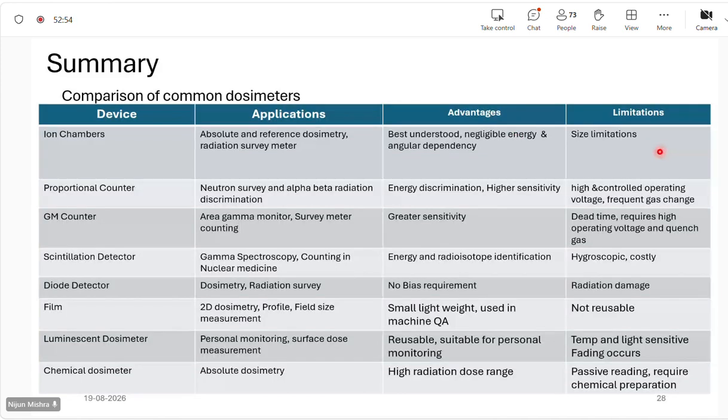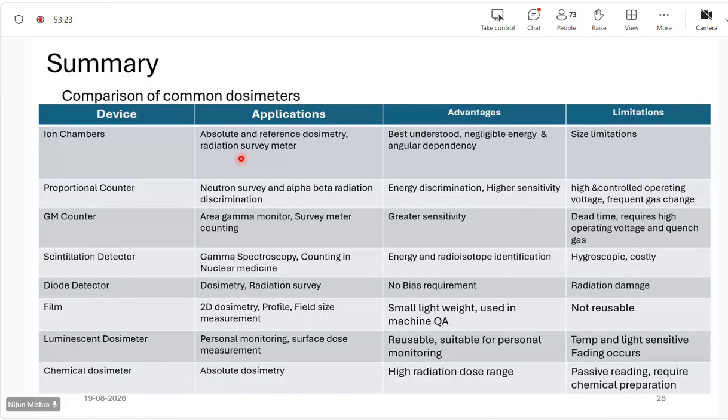So the first one is the ion chamber. We very frequently use the ion chamber in our daily practice. Its applications are absolute and reference dosimetry, radiation survey meters, and measurement in 2D array or 3D array for patient specific QA. Also we use the ionization chamber in brachytherapy quality assurance, and in nuclear medicine for radioisotope activity detection.